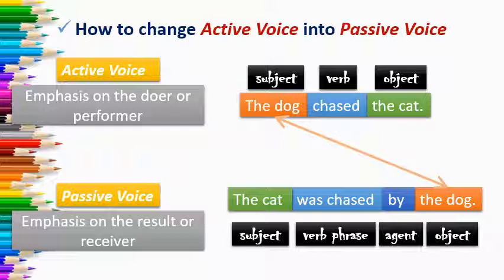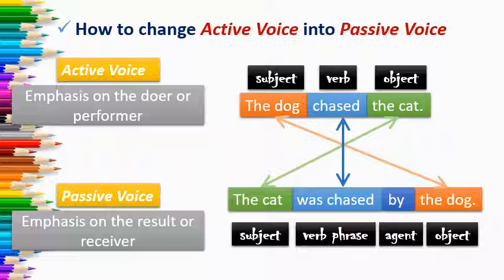The subject will become the object and the object will become the subject in the passive voice, and the verb will change according to the tense. But you have to keep one thing in mind: when the subject becomes the object in the passive voice, before the object we add the preposition by.